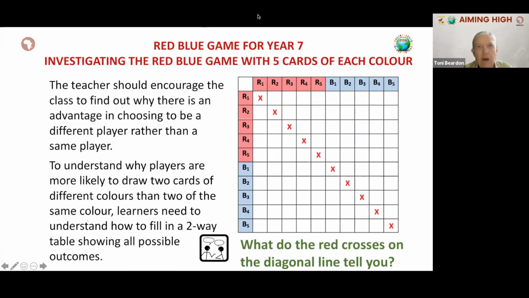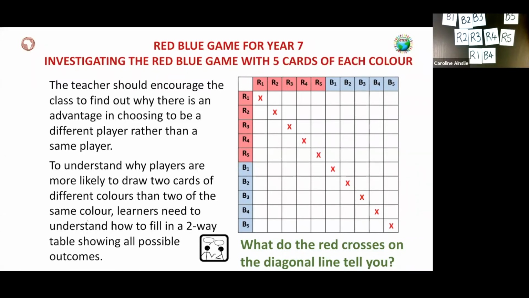We want you to work out what this table means, and some of you will have seen these sorts of tables before and others won't. We want you to tell us what you think. Where you see R1 and R1 here, you've got a red cross. Where you see R4 and R4, you've got a red cross.